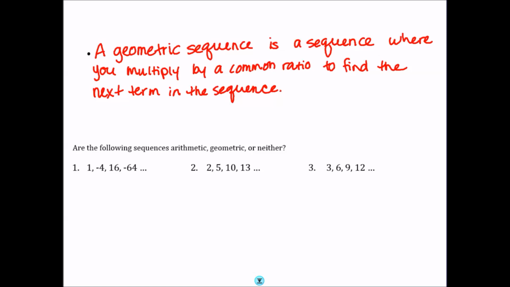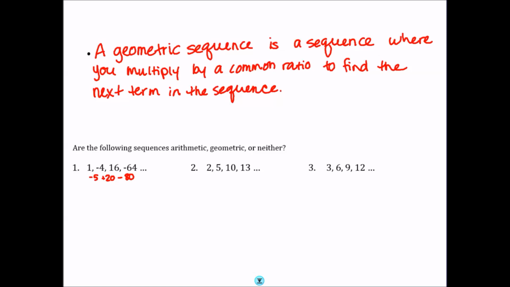So let's take a look at these three sequences. We want to decide if they are arithmetic, meaning we are adding, geometric, meaning we're multiplying, or neither. So first, let's see if they're arithmetic. For this first one, we would be subtracting 5, then adding 20, then subtracting 80. So that's clearly not arithmetic.